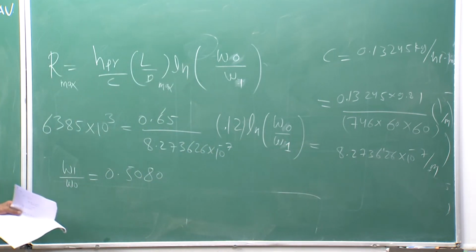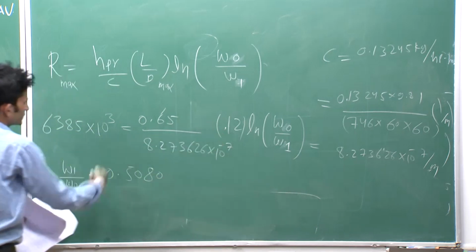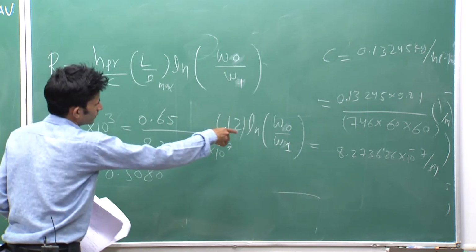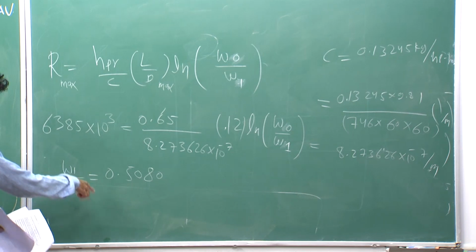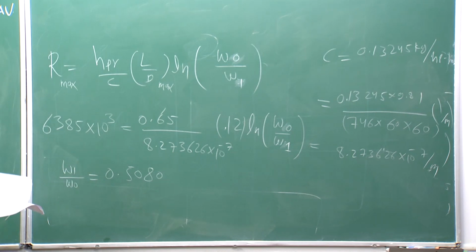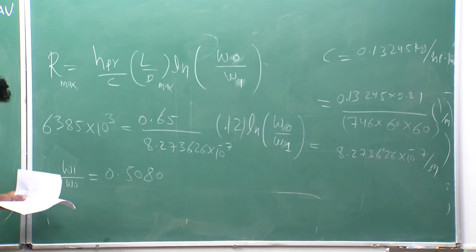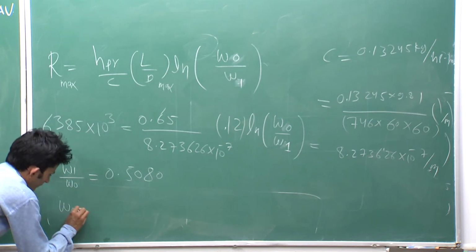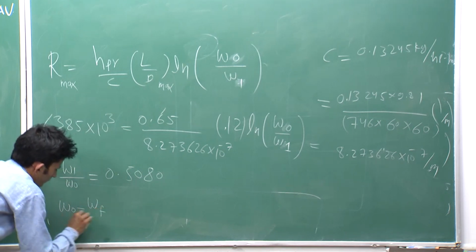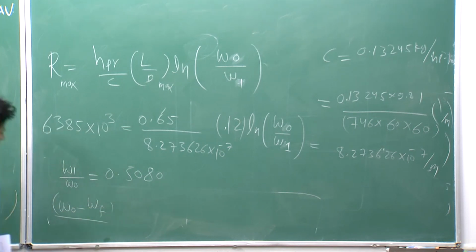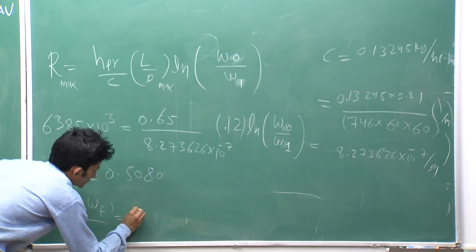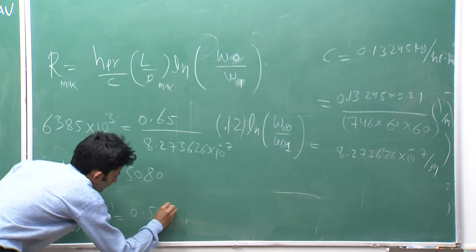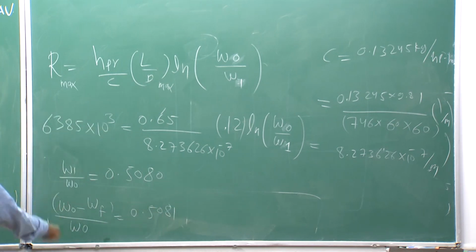If you rearrange this, you will get W naught by W1, and if you take the reciprocal, you will get W1 by W naught. We know that W1 is nothing but the total weight minus the weight of the fuel, because I already told you that W1 is the weight when all the fuel is consumed, into 0.5081.